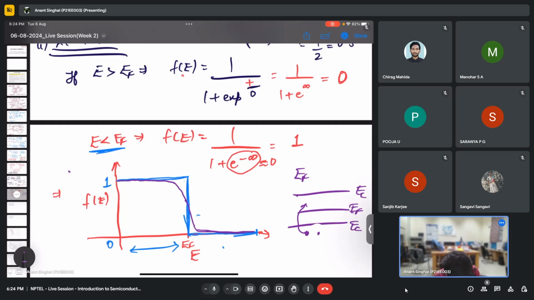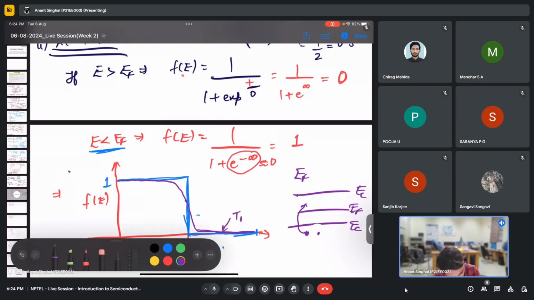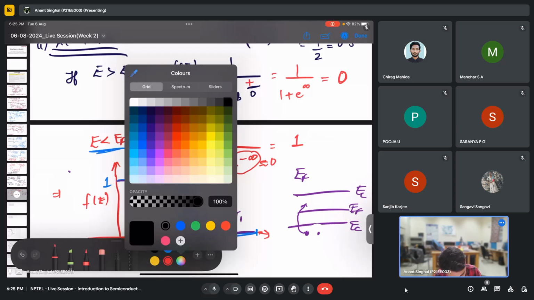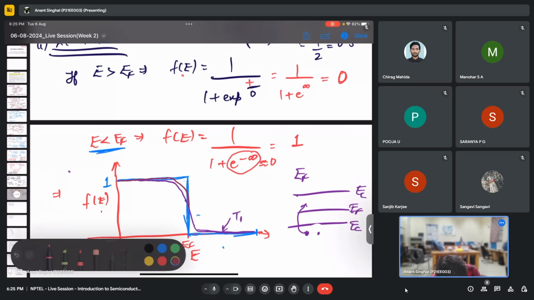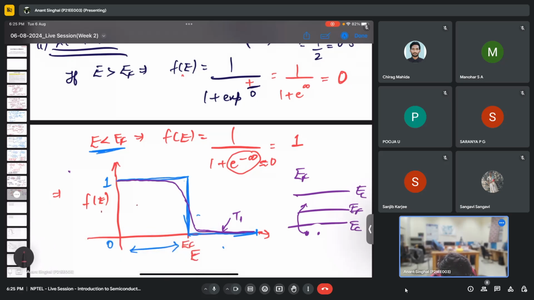If I can draw, let's say this is for a temperature T1, the purple one. If I increase the temperature even more, let's say this is T2.